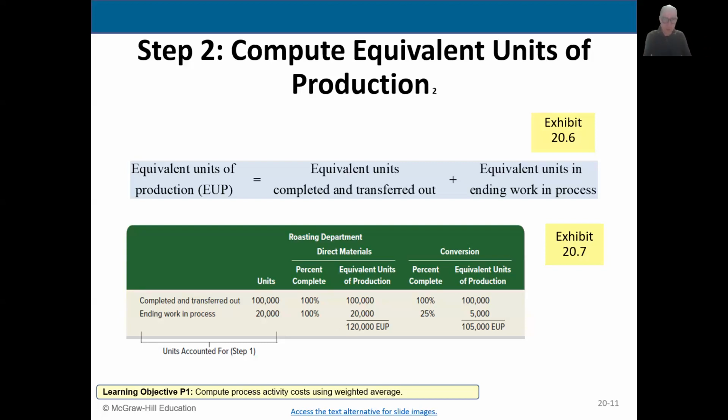So we add the 100,000 completed and transferred out plus the equivalent units in ending work in process together to get 105,000 equivalent units of production for conversion within the roasting department.